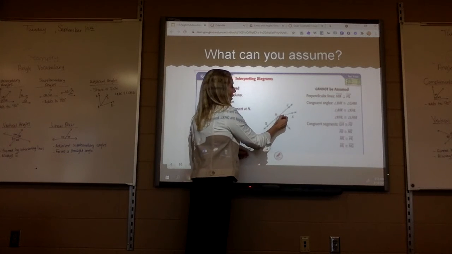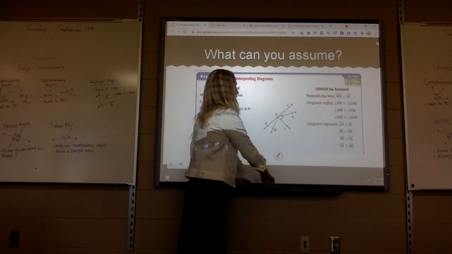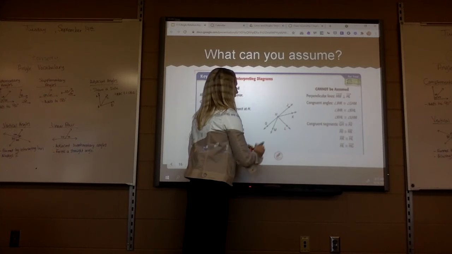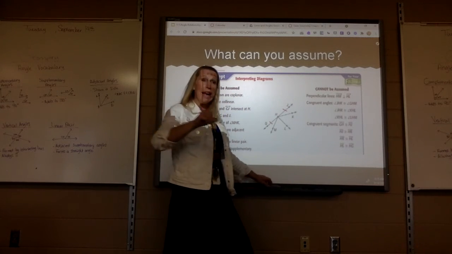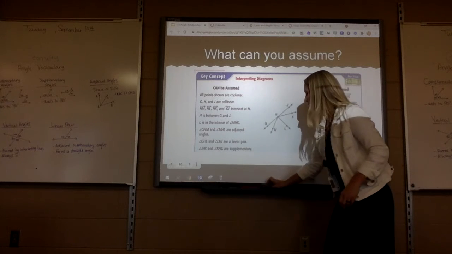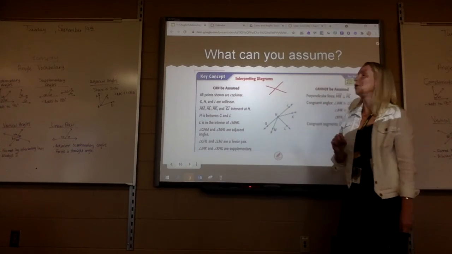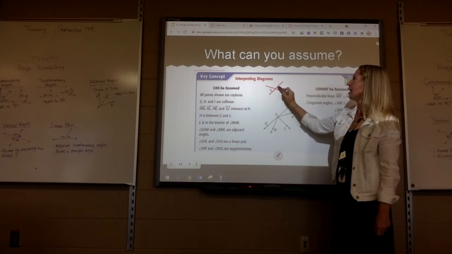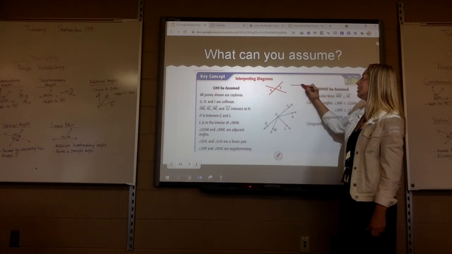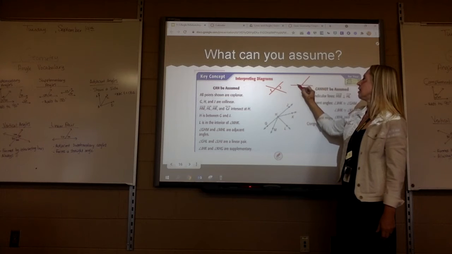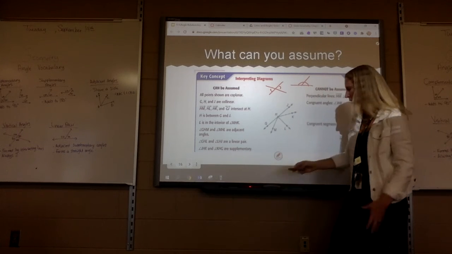You have to see the box. You can never assume segments are congruent. You have to see the little slashy marks. But you can assume vertical angles. You can assume that those angles are vertical and that they equal each other. You can also assume that a line is a straight line and that's 180 degrees.